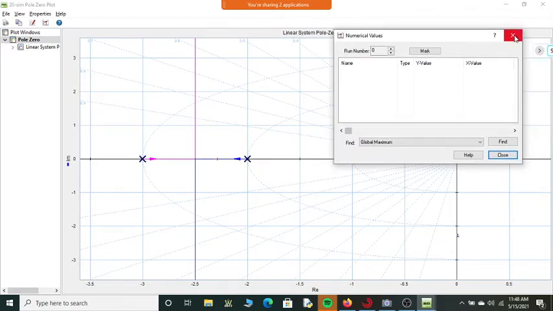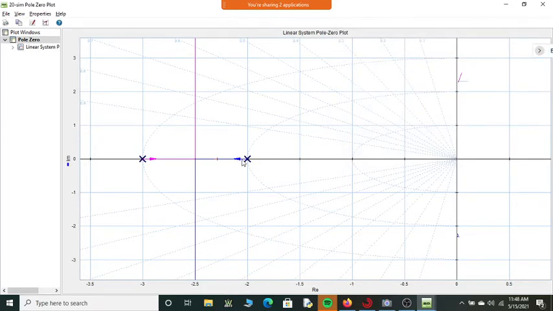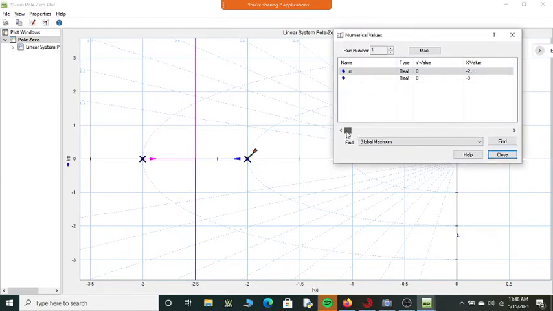When k is equal to 0, where are the poles? Can you see these x values, -2 and -3? If k increases, can you see they are coming closer? They are coming closer. Will they break? They will break.